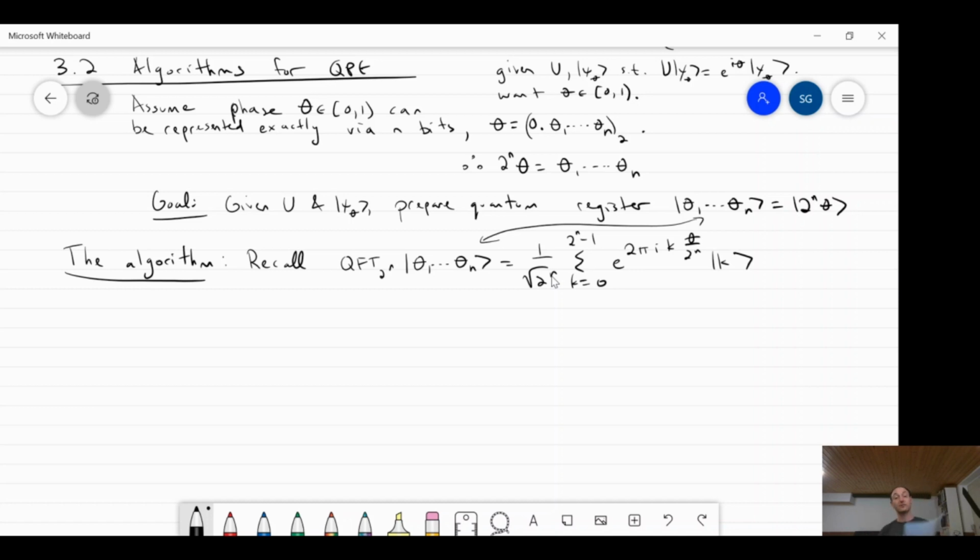So that was just plugging in the formula for the kth column of the Fourier transform. Or sorry, not the kth column, but the thetath column, if I treat this bit string as an integer.